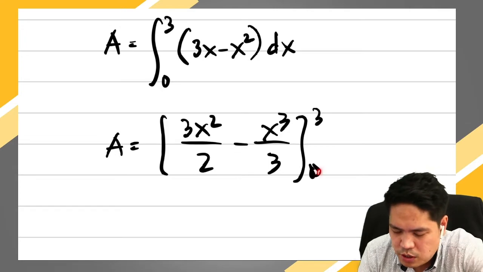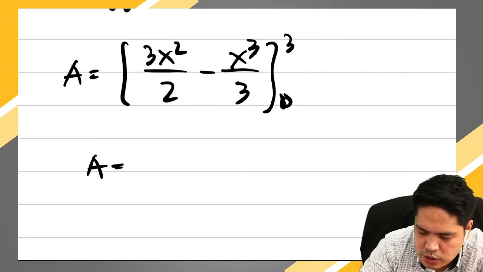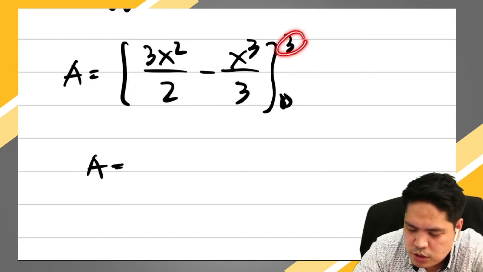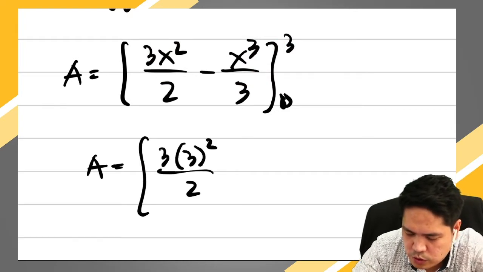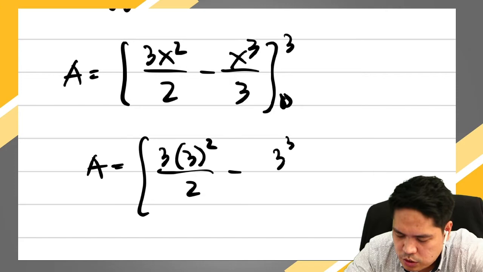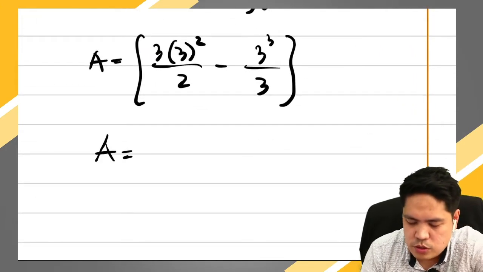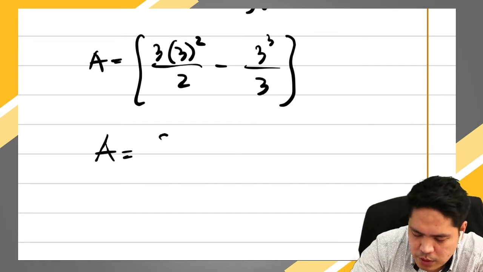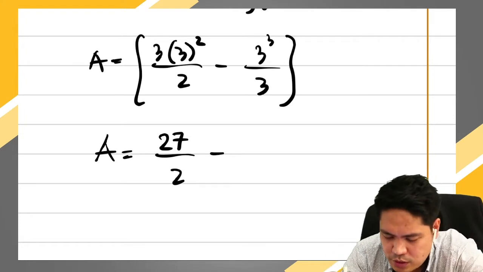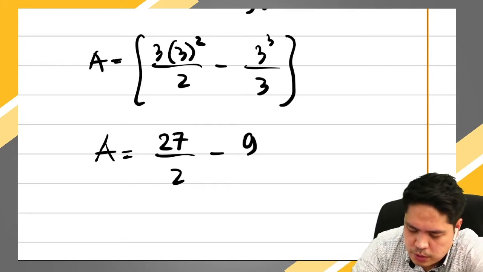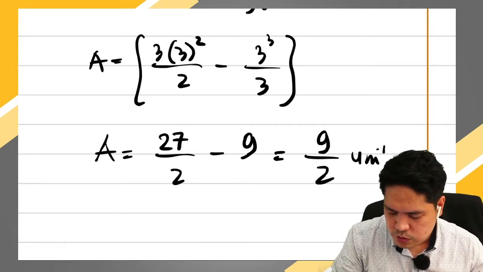Remember, if we substitute 0, it just cancels out, so we just subtract 0. So, if we substitute 3, we have 3 times 3 squared over 2 minus 3 cubed over 3. That is 27 over 2 minus 27 over 3, that would be 9. So what is it? 9 over 2. So the answer is 9 over 2 square units.